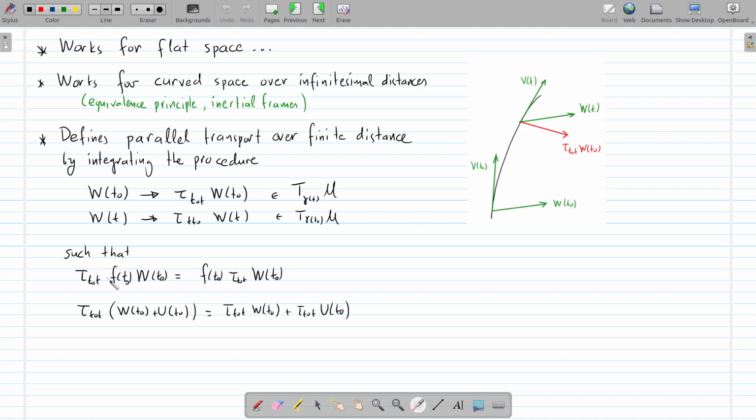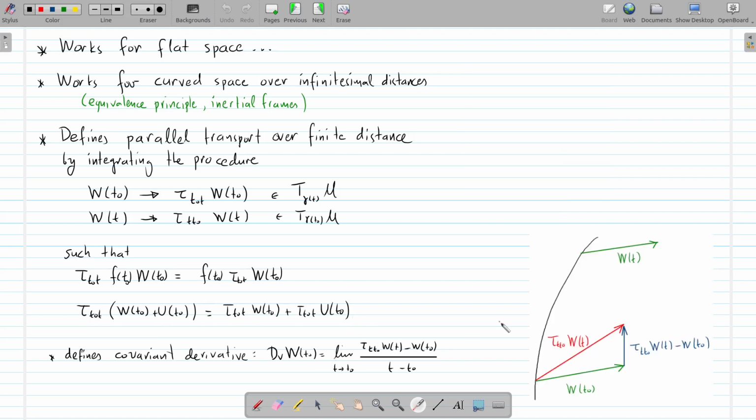Now, you can check that this parallel transport has the desired properties that we postulated in the previous video, namely that fW is parallel transported to f times the parallel transport of W, and the sum of two vectors parallel transported is equal to the sum of the parallel transported vectors.